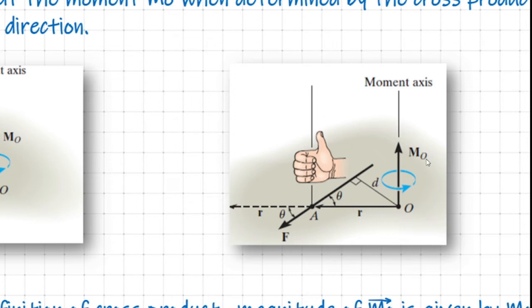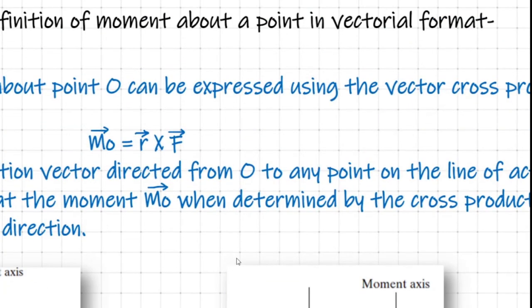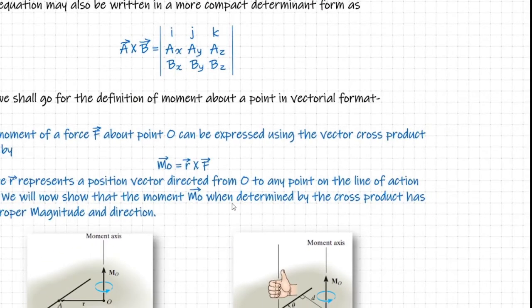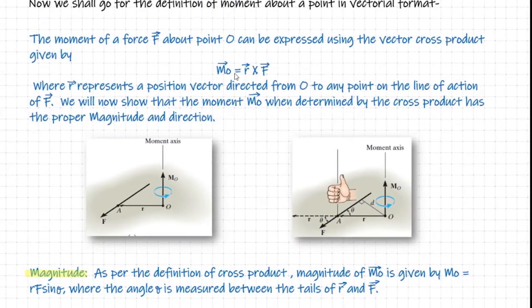So we come to the same conclusion of the direction of the moment vector that we made in the earlier session when we were discussing the scalar format. This means that the moment vector computed using R cross F provides us the same magnitude and same direction as we derived in our earlier session.